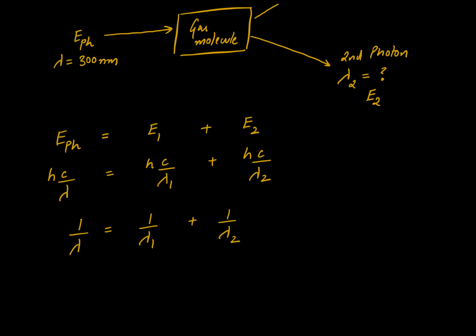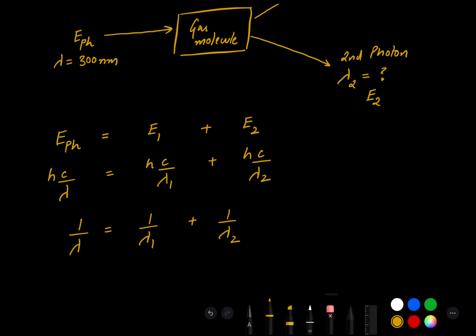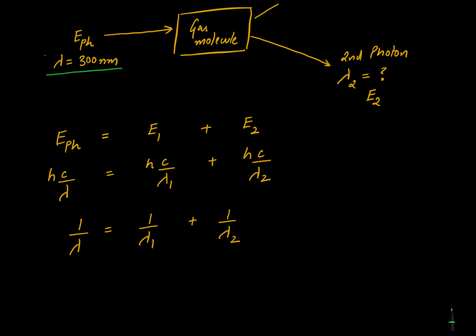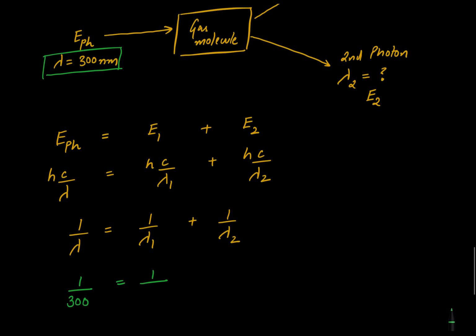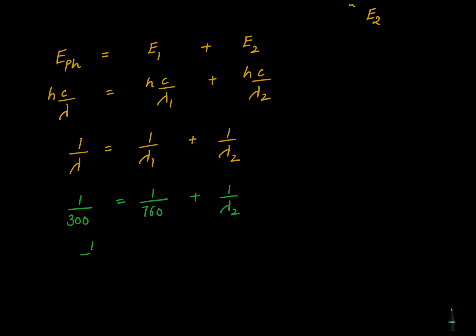Now what's the total wavelength given over here? The total wavelength is 300 nanometers. So 1 by lambda comes out to be 1 by 300. It is equal to 1 by, what's the lambda 1 given in the question? It's 760. So this comes out to be 1 by 760 plus 1 by lambda 2. So it comes out to be obviously 1 by 300 minus 1 by 760 equal to 1 by lambda 2.